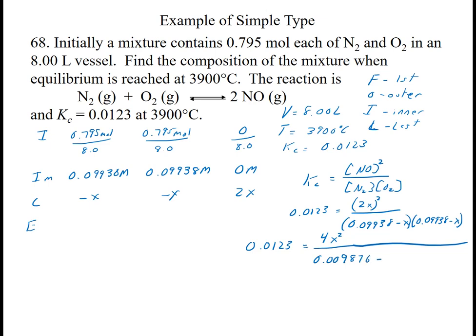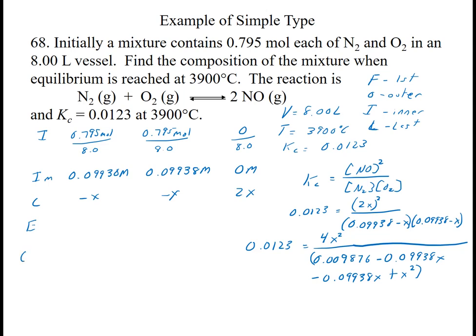minus the outer, which would be the 0.09938x. The inner is minus 0.09938x. And the last would be minus x times minus x, so plus x squared. And all of this is one line, I just ran out of room. The other thing is I need to combine the two x terms together.